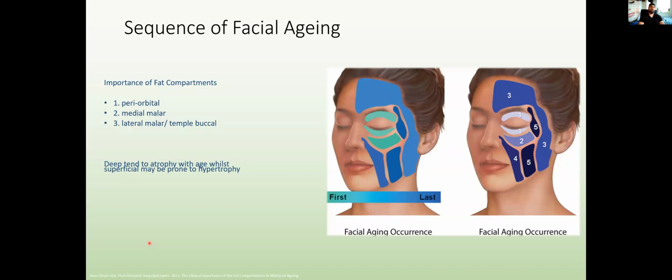This is why the periorbital region is a very good focal point when we're trying to rejuvenate or beautify an aging face. We can then see that the next couple of points that age on the face tend to be in the malar region. And as I've already said, the superficial nasolabial fat tends to hypertrophy as we age.